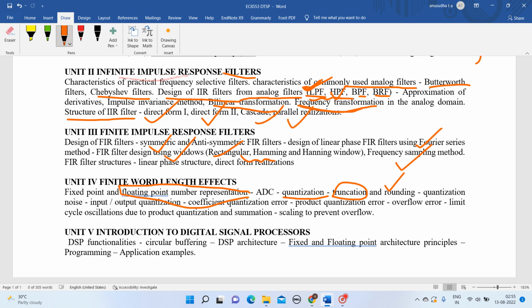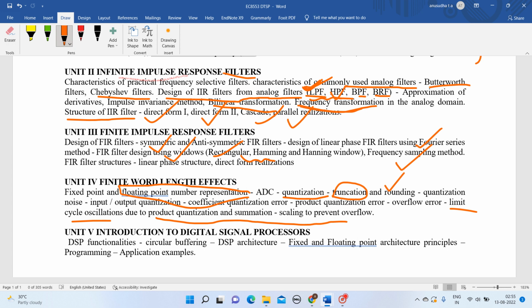In order to overcome this limit cycle oscillation, we have two methods. One is the scaling method. Another is the frequency sampling method. In order to overcome these overflow problems, compulsory you will get a question from the limit cycle oscillation. In a theoretical 2 mark question, you will get which are the two methods to overcome the overflow during product quantization and summation.